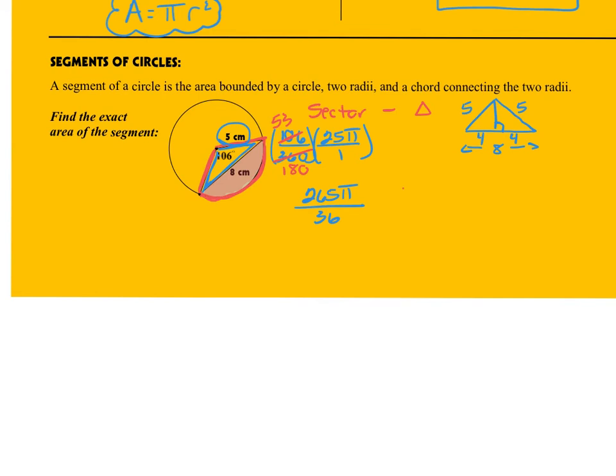We can see that this little right triangle over here on the right is going to make a nice Pythagorean triple. So the height of that triangle is going to be a 3. So the area of this triangle is going to be 1/2 the 8 of the base and the 3 of the height. So the area of this triangle is going to be a 4 times a 3, or a 12.